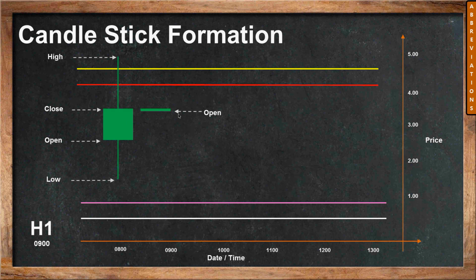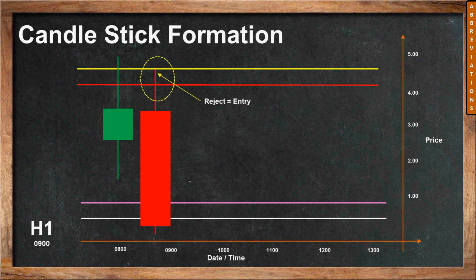Okay, so let's say a new candle opens here at 9 o'clock. In the first 15 minutes it tries to go up again, and then in another 15 minutes it went down to the Malo. So this is now the highest point that this candle has traveled.